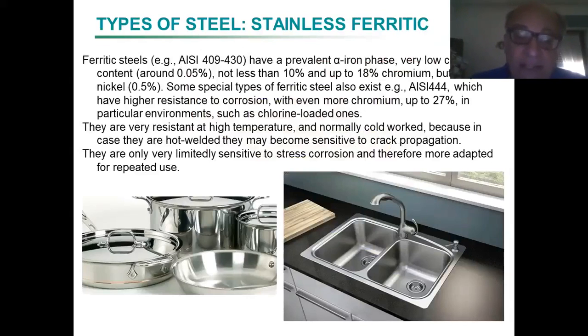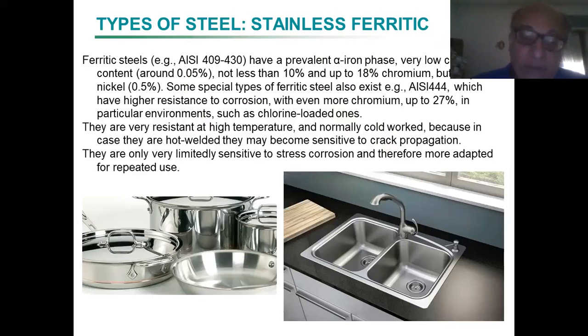Iron alpha, whose structure is ferritic, is body-centered cubic, whilst austenitic gamma iron is face-centered cubic.